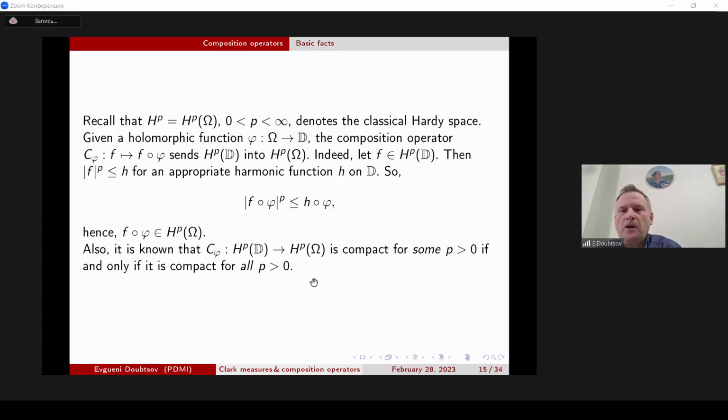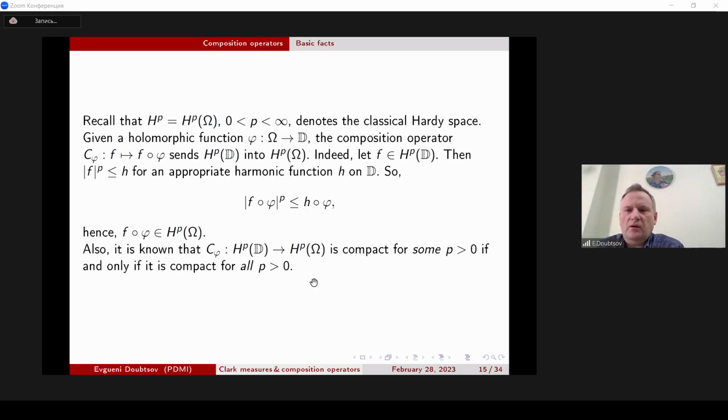So it is well known that the corresponding composition operator, f composition with phi, where f is in HP on the disk, maps each function from HP on the disk to HP of omega. And just to make sure, while this is a basic fact by now, it's not that obvious how to deduce it from the very definition with the supremum over r between 0 and 1.